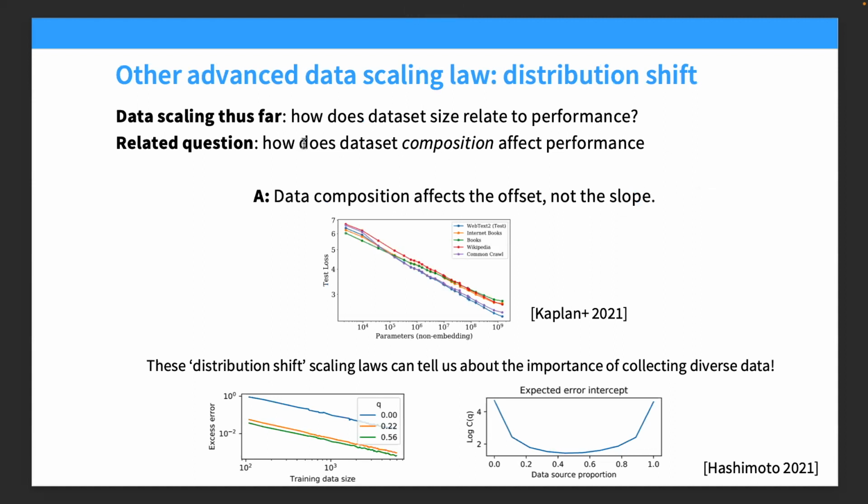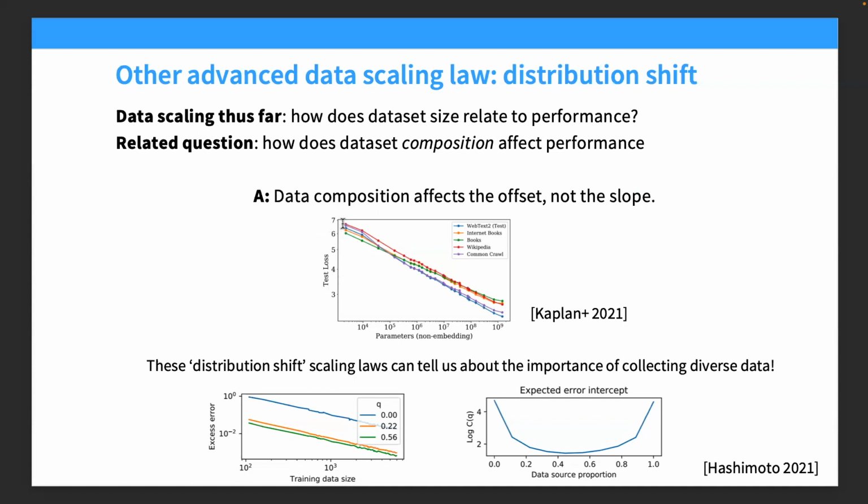And also, we know how the data size relates to the performance, but how does the data composition affect the performance? People did studies combining data sets at different distributions and different ratios, and found that it affects the offset, so the offset on the y-axis will be different.